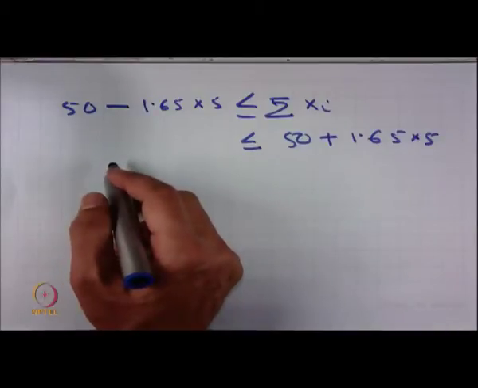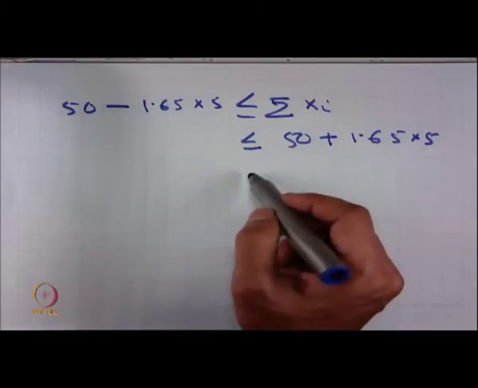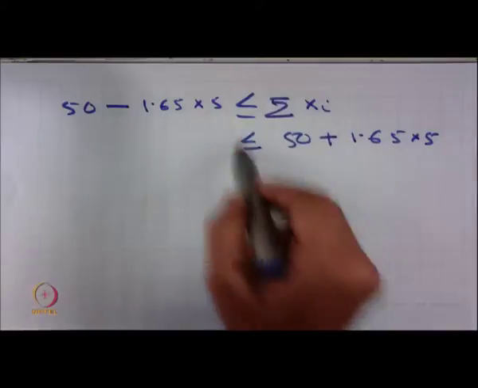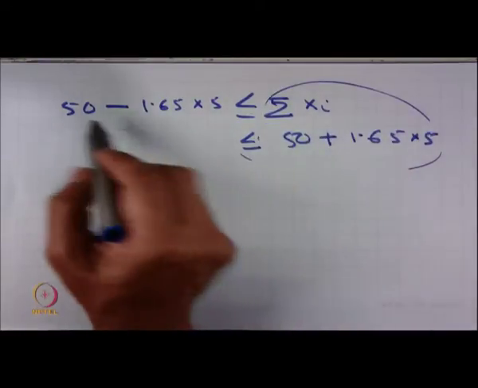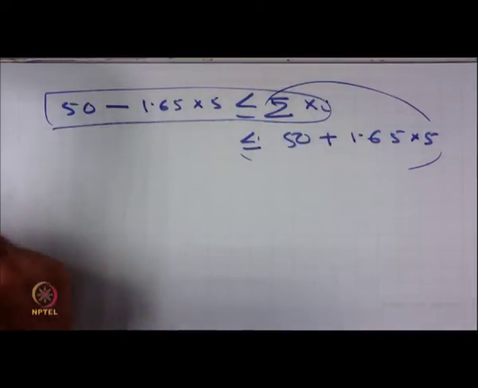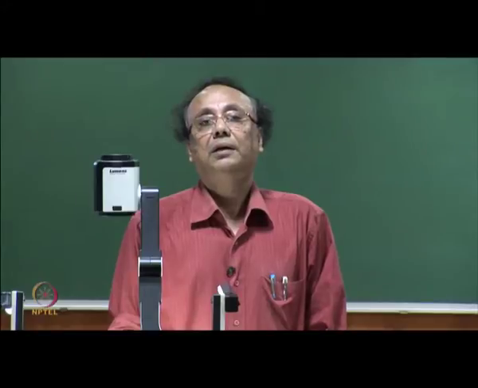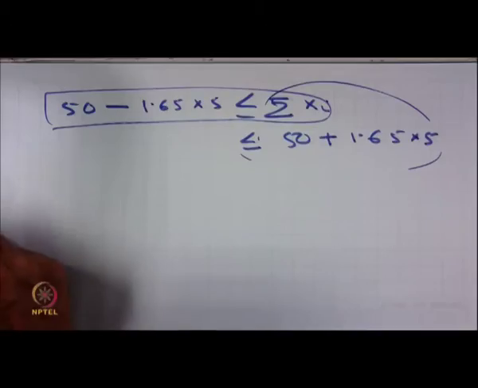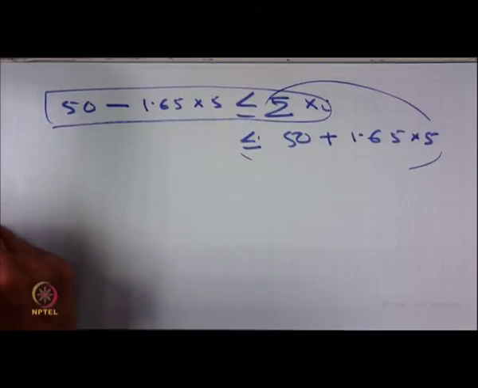And we know that if P1 is greater than P0, then this should be the condition. If P1 is less than P0, then this should be the condition. Therefore, the shape of the critical region will be obtained accordingly.